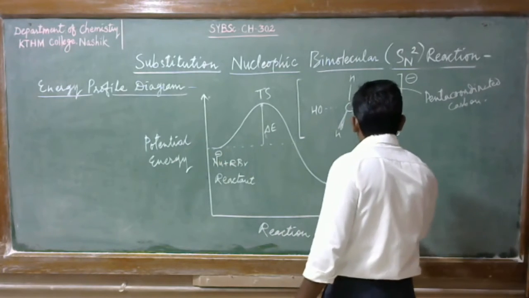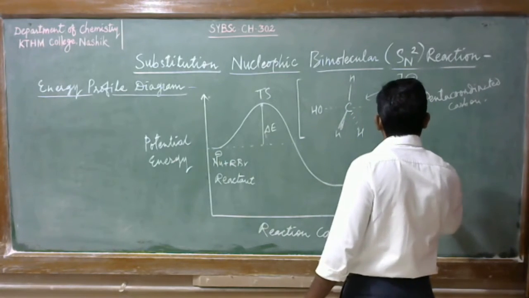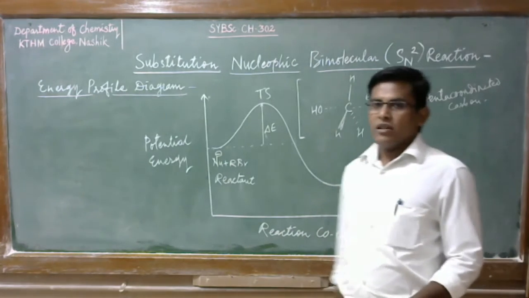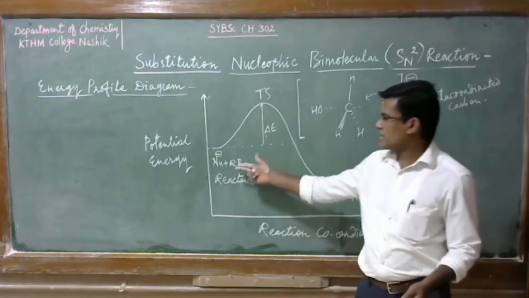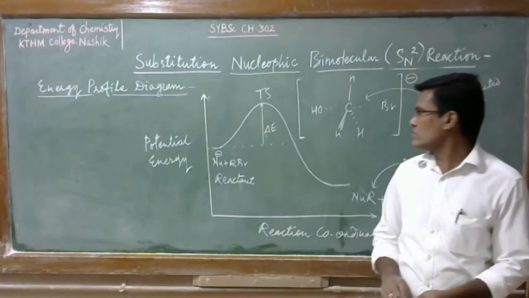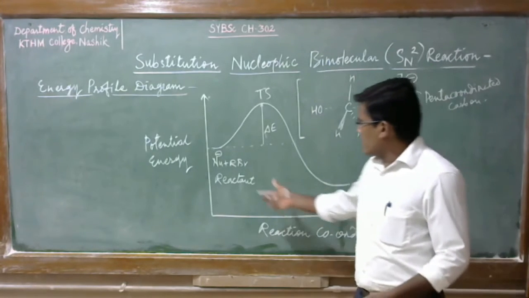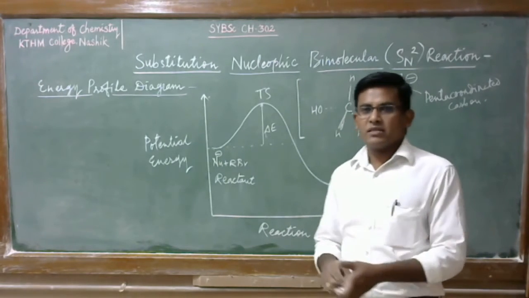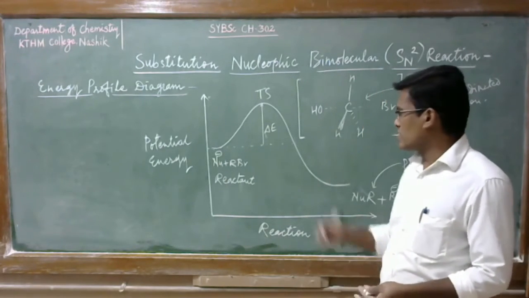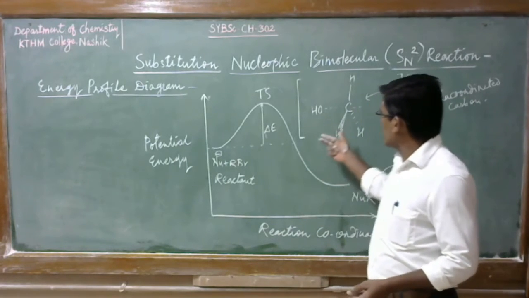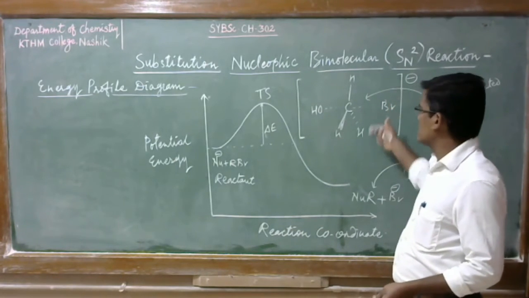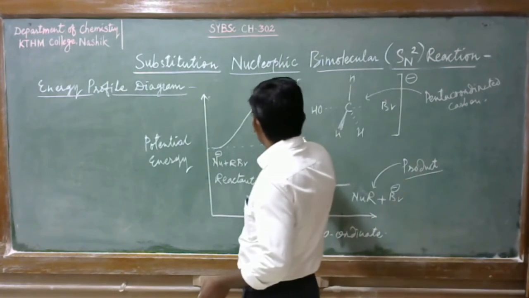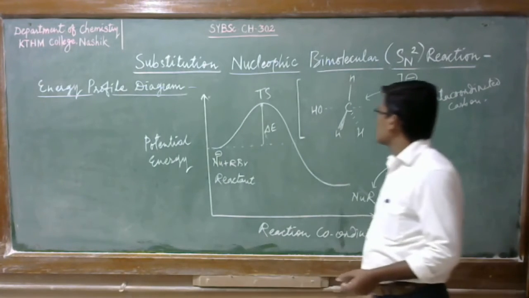So this is our product. When the nucleophile attacks the backside of the alkyl halide, the bond breaking and bond making happen simultaneously, synchronously. It will generate this transition state, which has high potential energy.